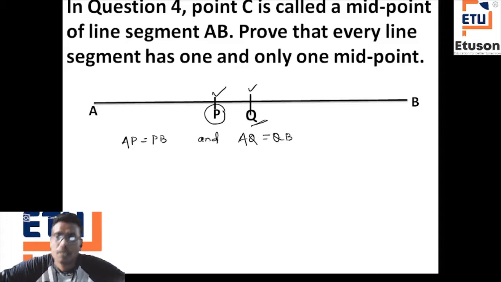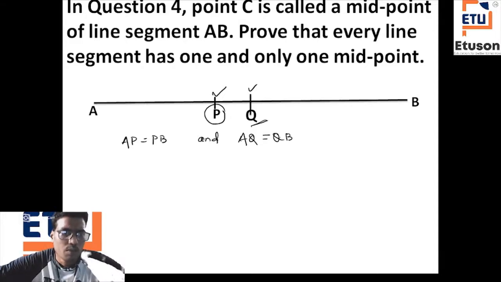Obviously, in the previous class, we solved that for a line segment AB in which C is the midpoint, AC is equal to CB. Here, if P is the midpoint, then AP is equal to PB, and if Q is the midpoint, then AQ is equal to QB. Correct? Okay. Next, what we will do?